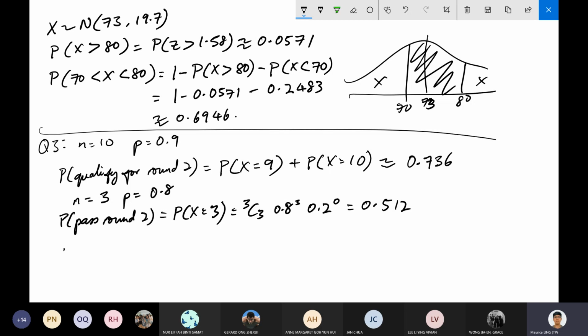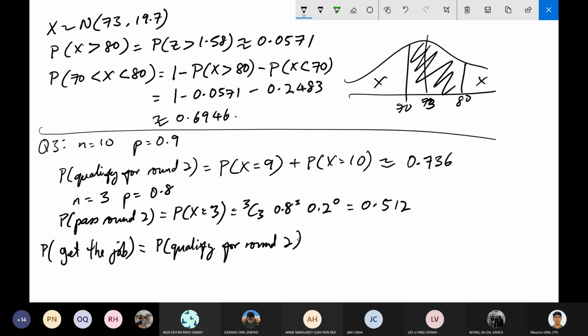Now, in order to get the probability of getting the job, you have to pass the first interview, then you pass the second interview, which means the probability of qualifying for round 2 times the probability of passing round 2.